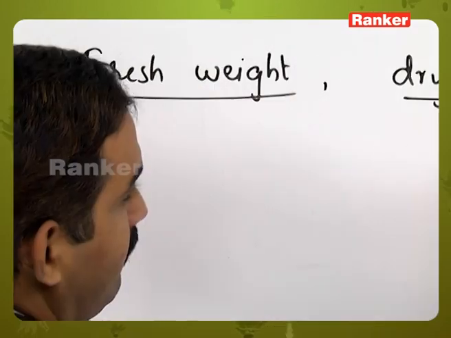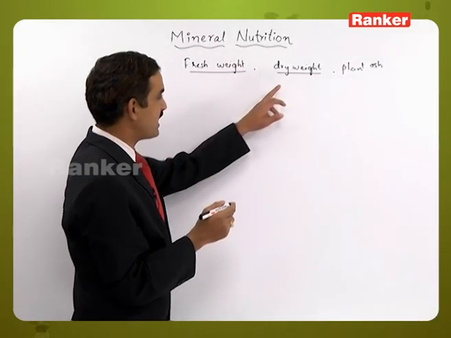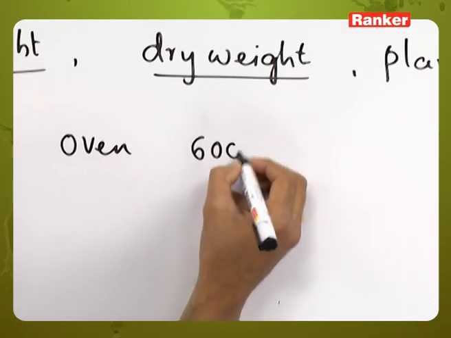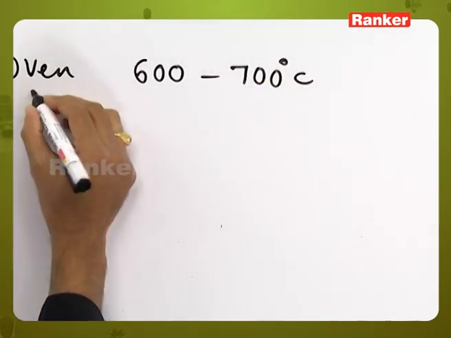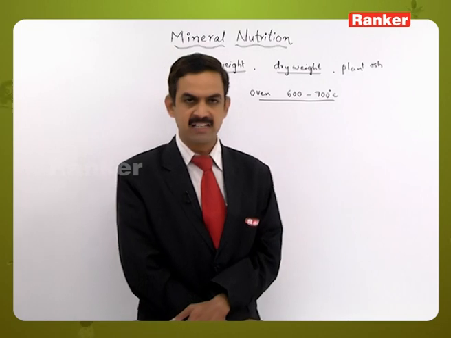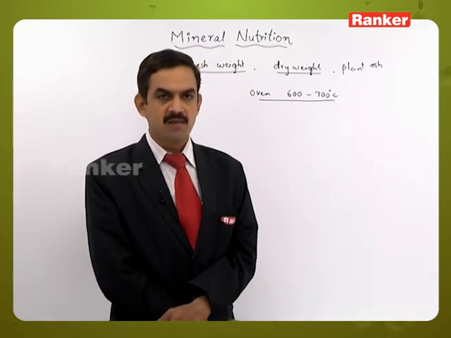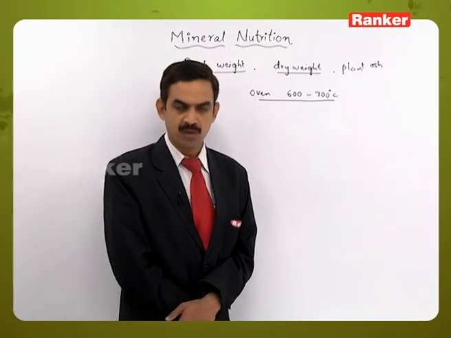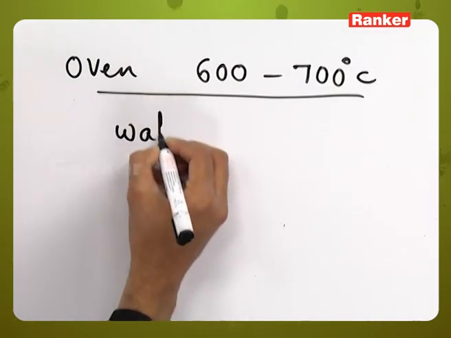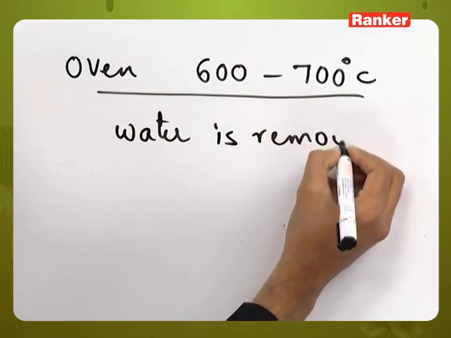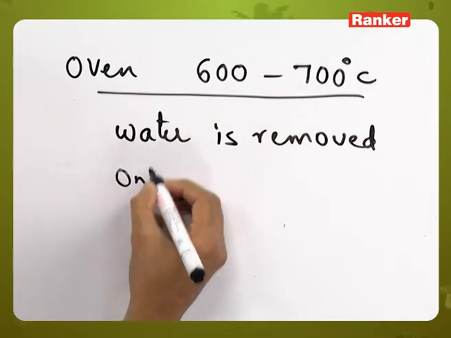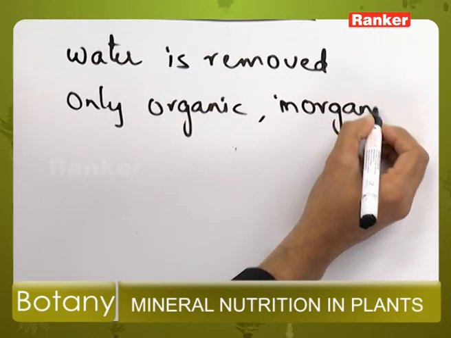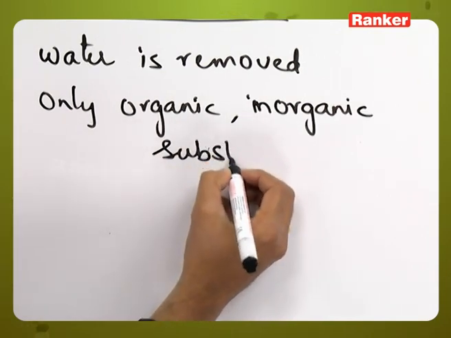Then dry weight. After taking the fresh weight, we keep this plant body in an oven at about 600 to 700 degrees centigrade, and what happens is the water present in the cellular content is removed, and only the organic and inorganic substances are left in the plant.